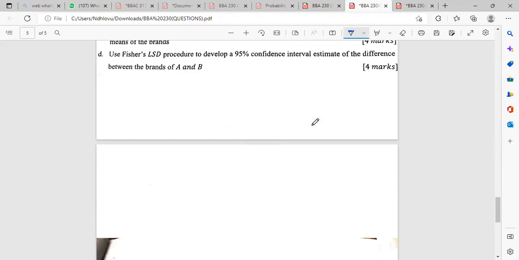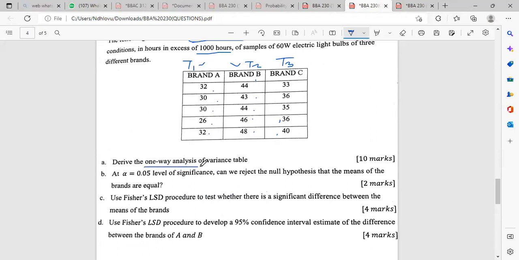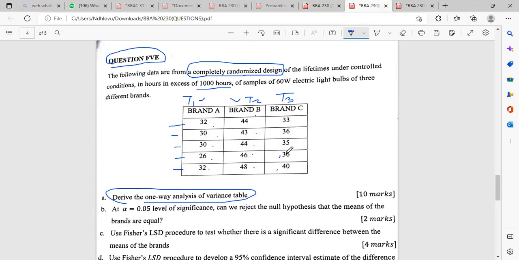Develop a one-way ANOVA. It's one-way because here we don't have blocks. The blocks are supposed to represent the blocking parameter, but here we don't have a blocking factor. So we treat it as a one-way ANOVA, which is a completely randomized design experiment.